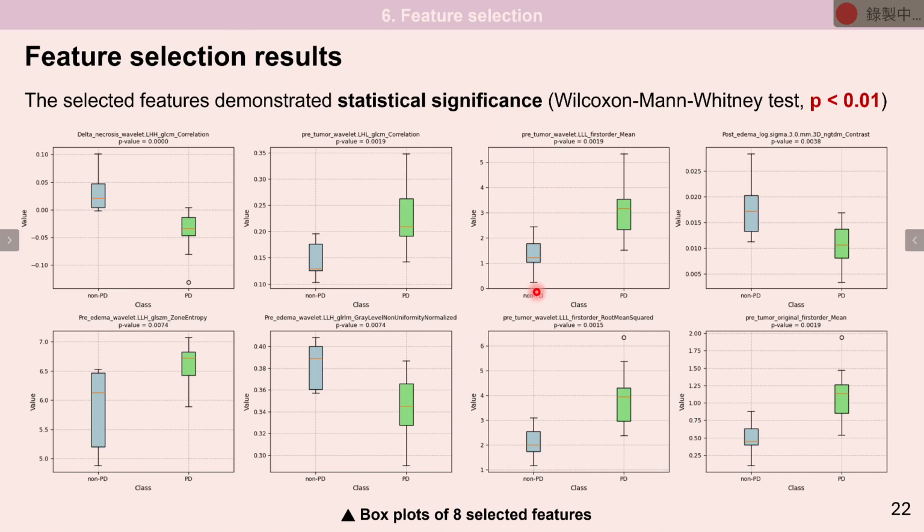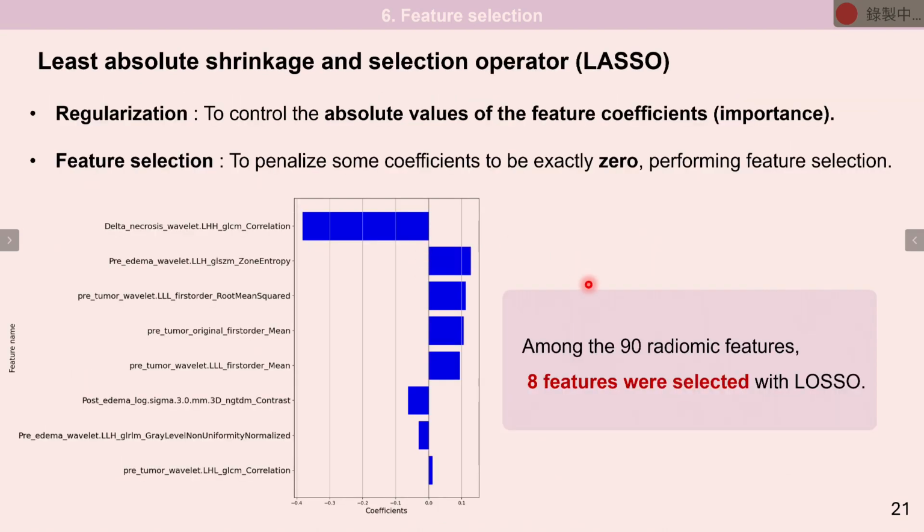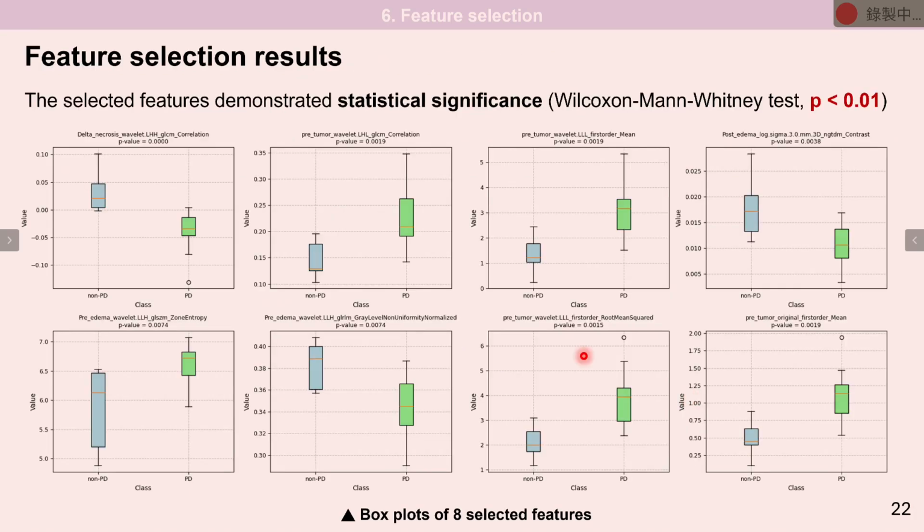Because you don't have the coefficient, if we use this box plot, we can visually differentiate the 2 classes using the box plot of the 8 features to show the significance of these 8 features.